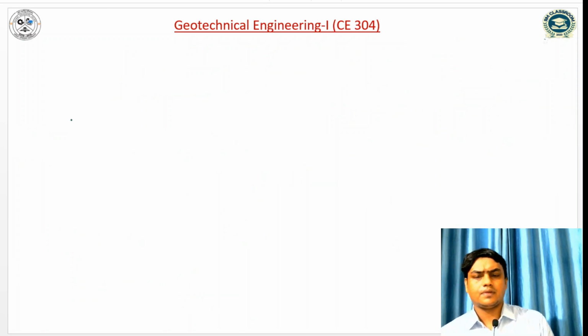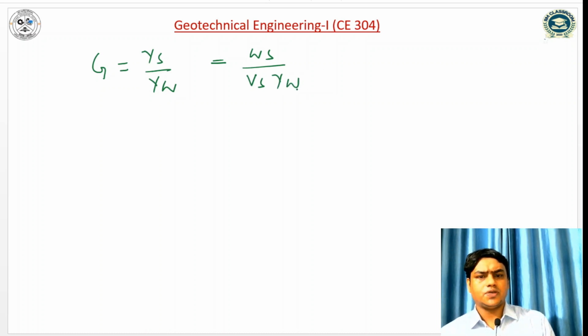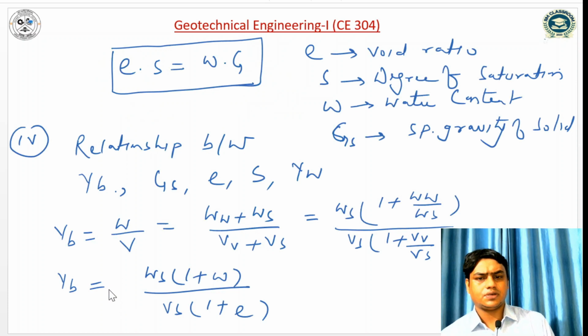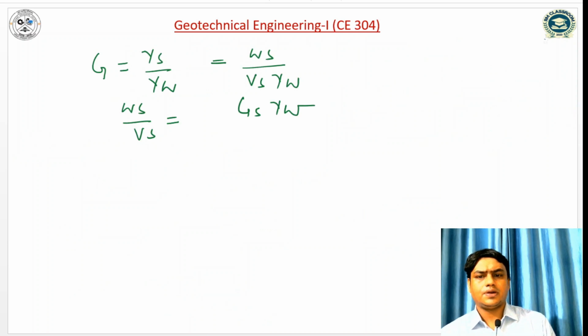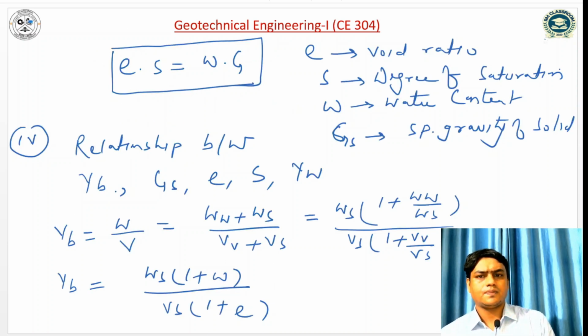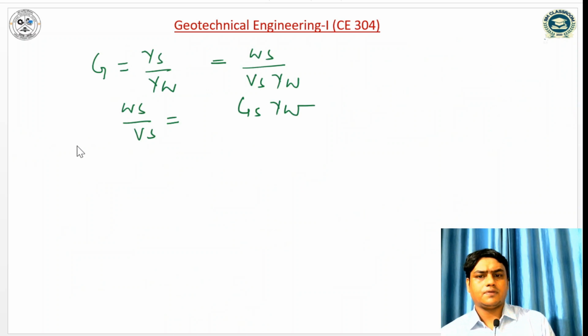Similarly, we know specific gravity is equal to gamma S by gamma W, or we can write Ws divided by Vs into gamma W. So Ws by Vs we can write as Gs into gamma W. So in the previous equation, gamma B is equal to Ws by Vs. Let us assume this is our equation number first.